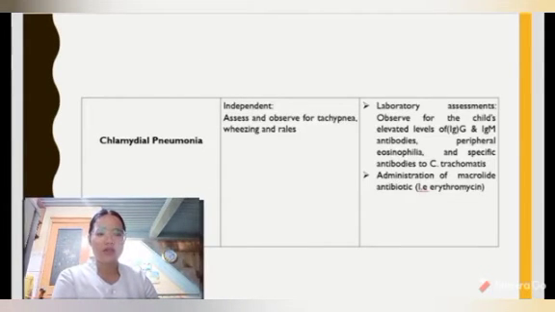Next, we have the chlamydial pneumonia. For the nursing management, we need to assess and observe for any signs of tachypnea or wheezing and rales.